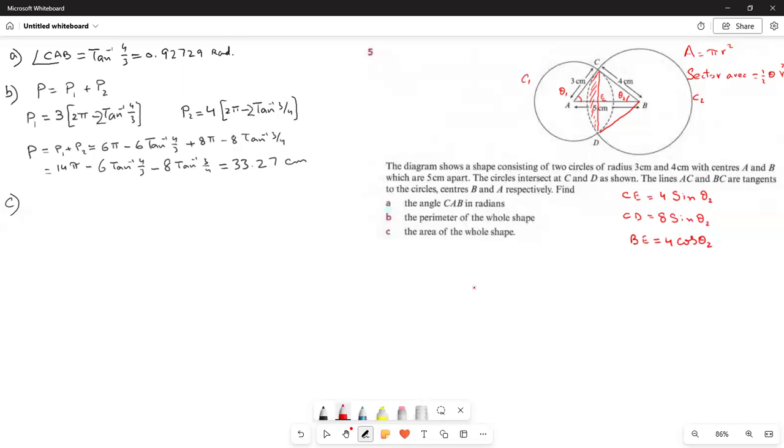Okay, so the area of the triangle BCD is half into the base. Base is 8 sine theta 2, and into the height, which is BE, that is 4 times cosine of theta 2.